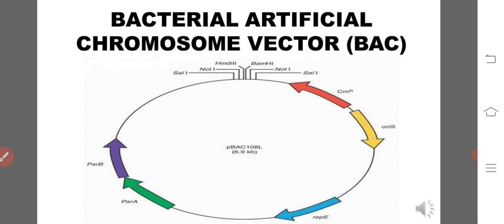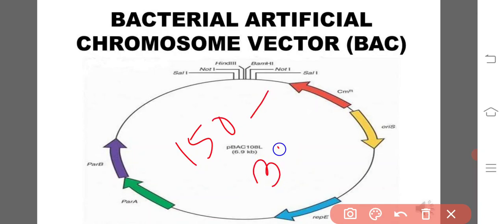It has two strong promoters, T7 and as well as SP6, that are oriented in opposite directions. It has a high carrying capacity of about 150 to 350 kilo base pairs.